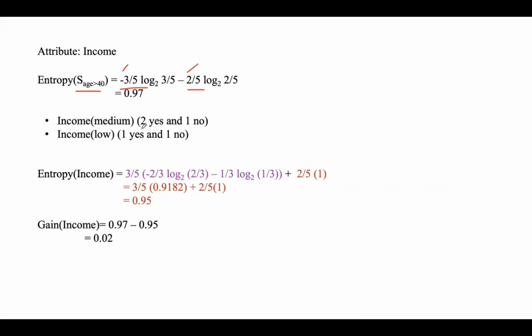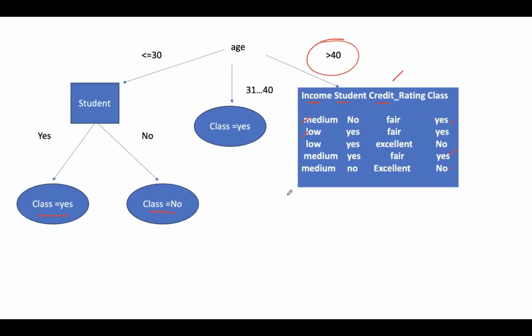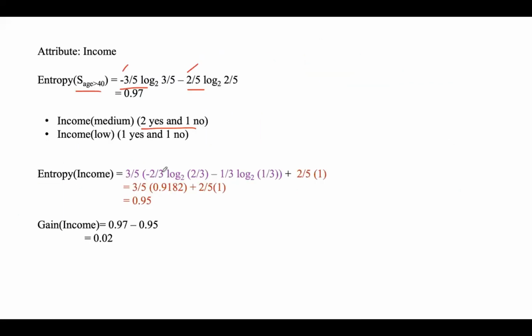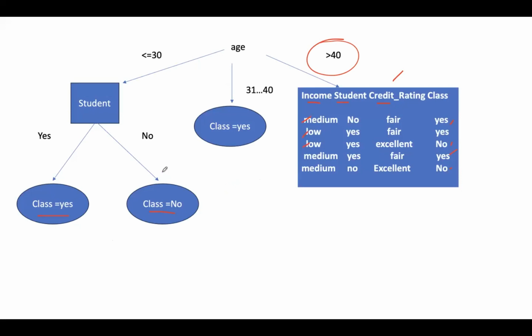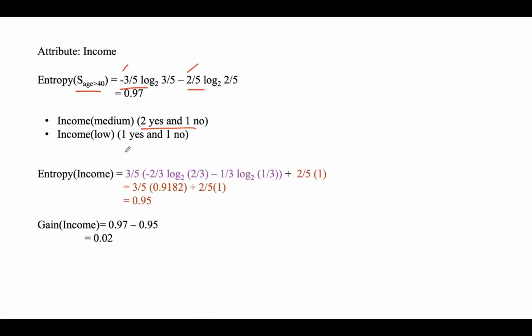So 2 yes and 1 no. Next, income of low. Sorry, we have two lows. So one is yes and one is no. So one yes, one no.